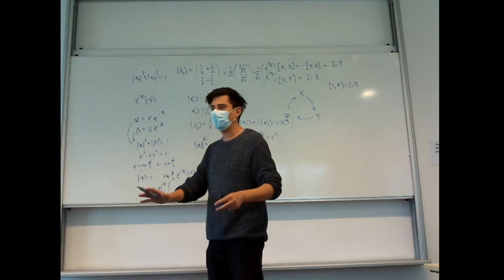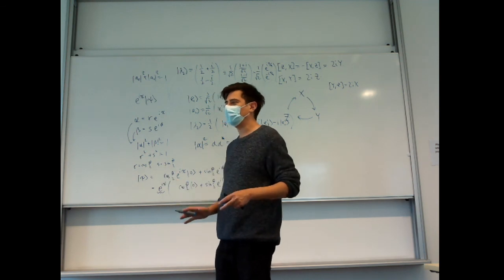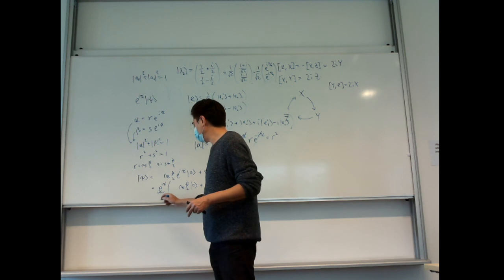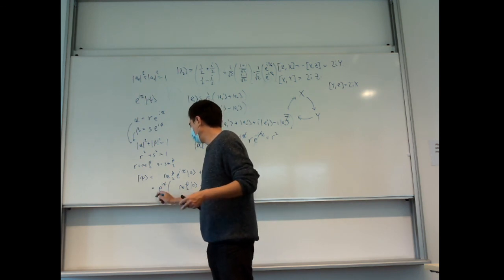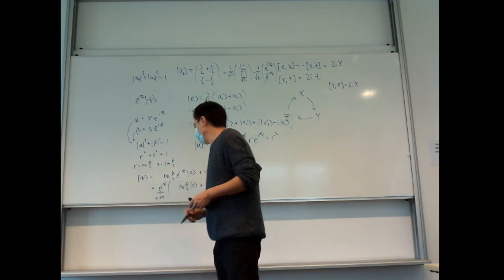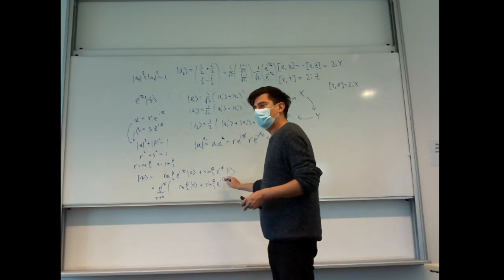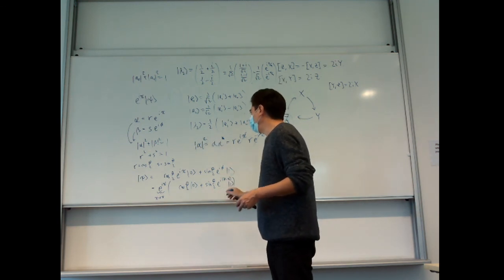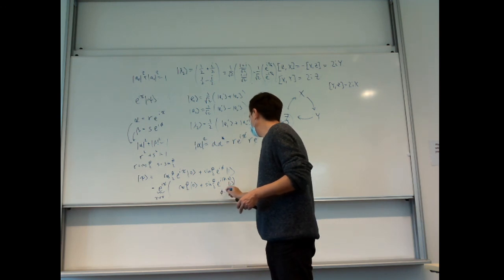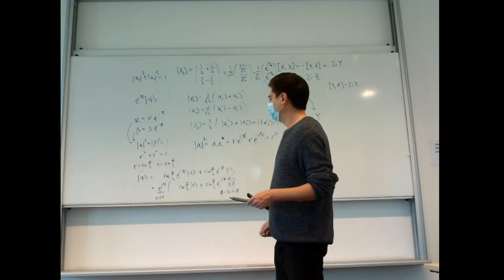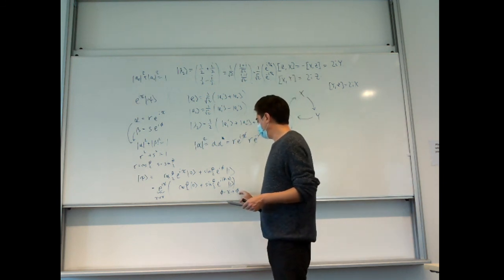I'll just tell you that now because I don't think I can really explain it at this point. I'm going to set it to 0, and then this is the extra parameter that's left. Maybe I shouldn't have called it phi. So phi minus chi, I'm going to call phi.